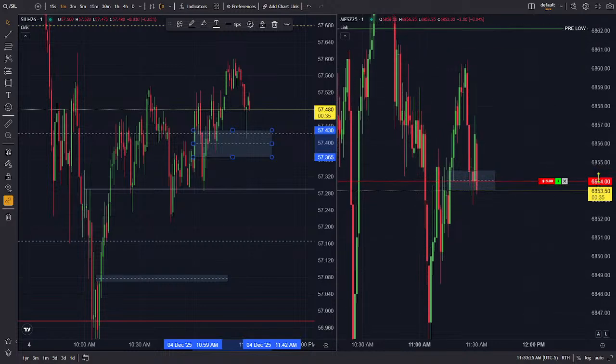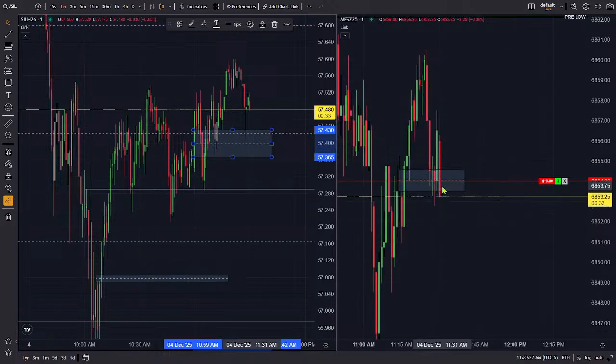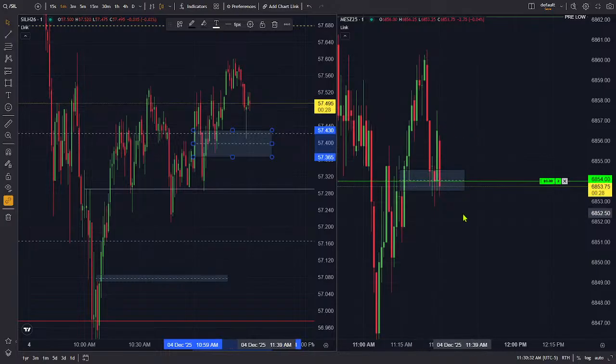The candle bodies are starting to push through this thing. And this little work up into this fair value gap here. A little dicey, a little dicey.